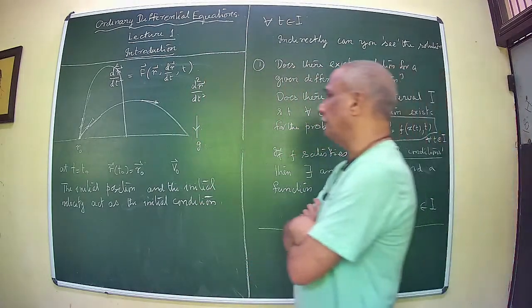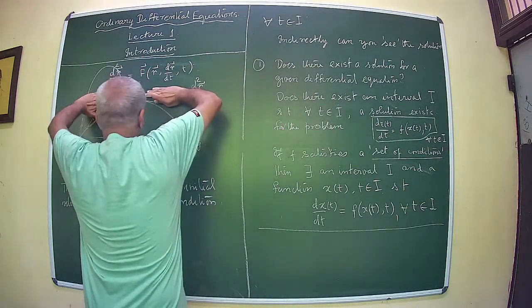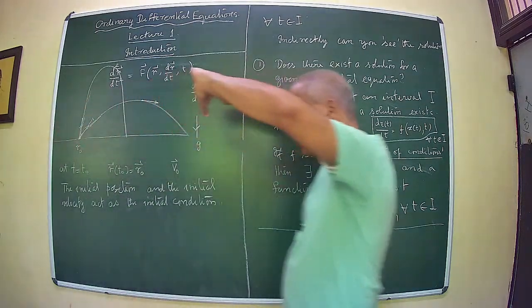So the relation between the velocity and the force is given. That comes from Newton's law, and this is not something mathematically derived.